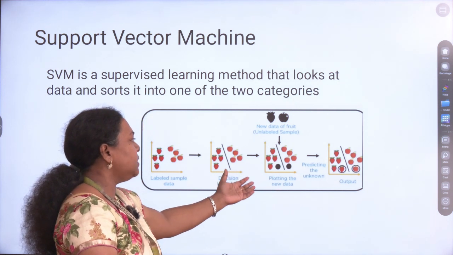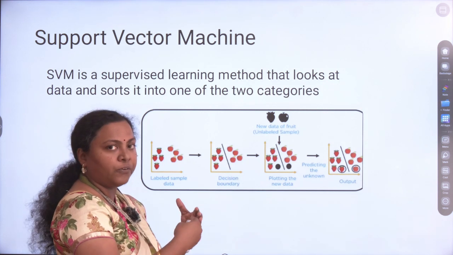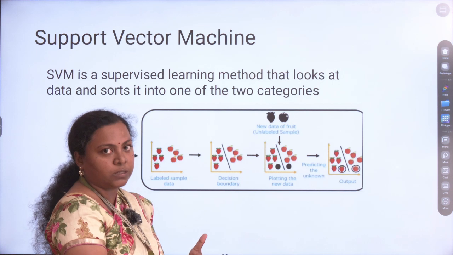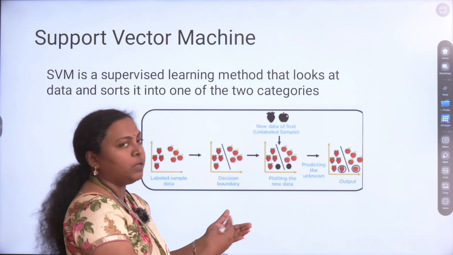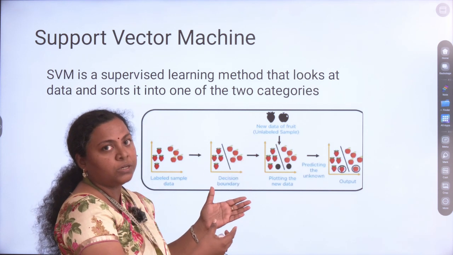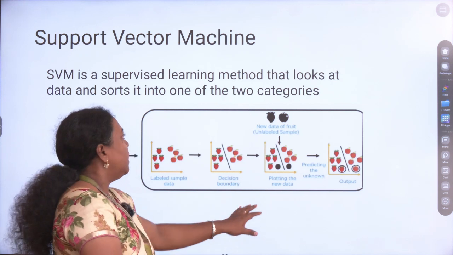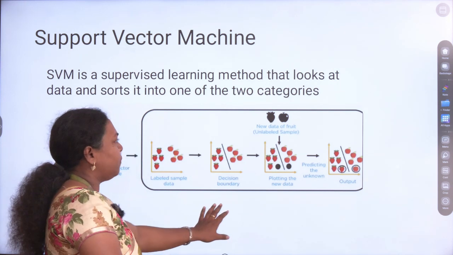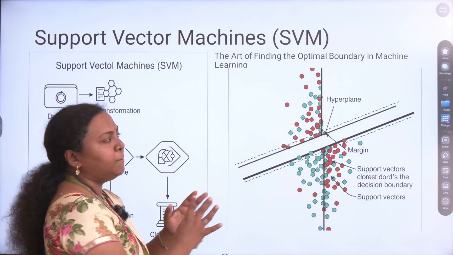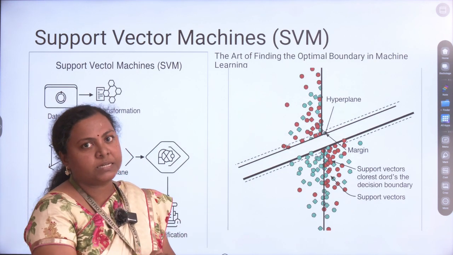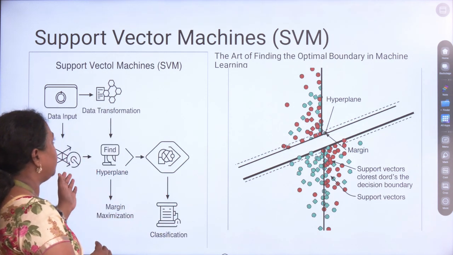Once it is placed, we are able to predict the unknown data and conclude that it is either a strawberry or an apple based on its position in the plot. Because of this discrimination given by the SVM, it is one of the best techniques to predict the data.